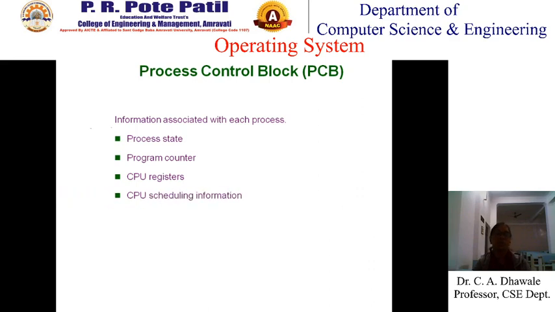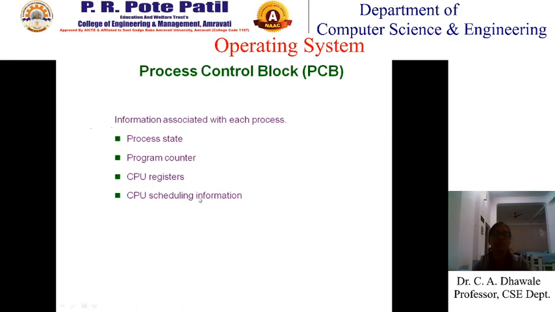Then CPU registers: while executing, it needs certain registers to store temporary data for the calculation. Then CPU scheduling information means, when the process is kept in a ready queue, how the scheduler selects it. That is first in, first out, that is, whether it selects the first process from the ready queue, or the shortest process from the ready queue, or the highest priority process in the ready queue, and so on.